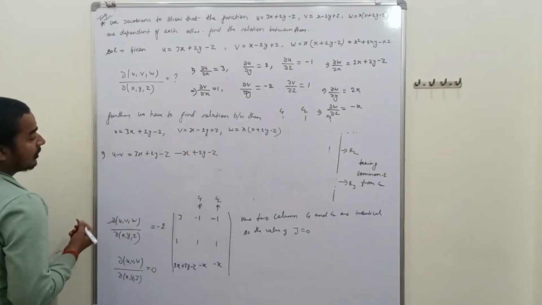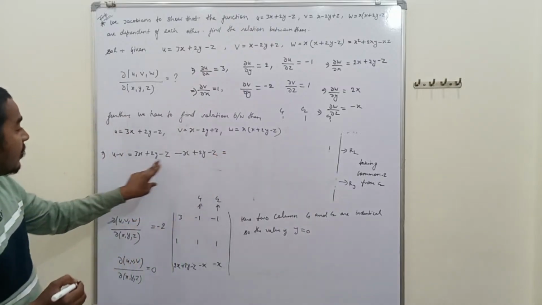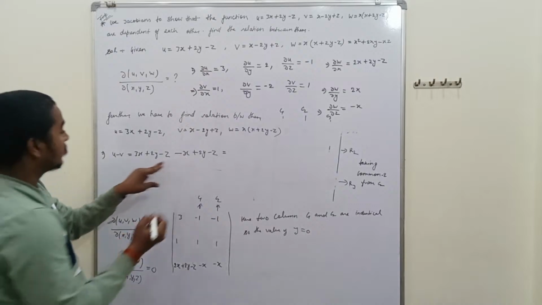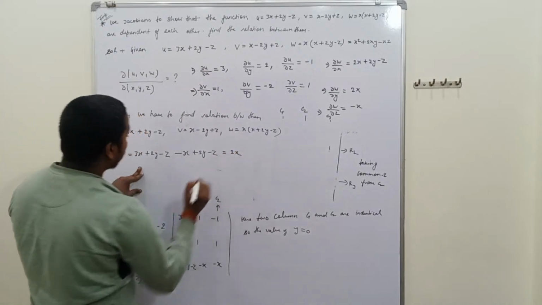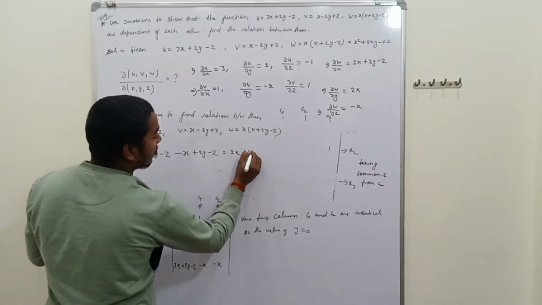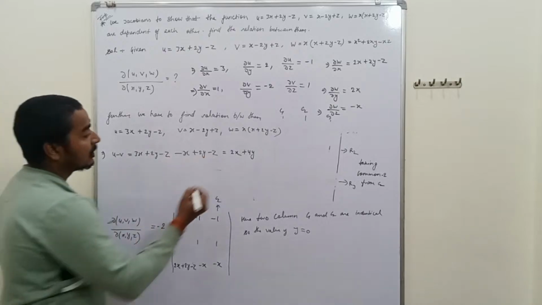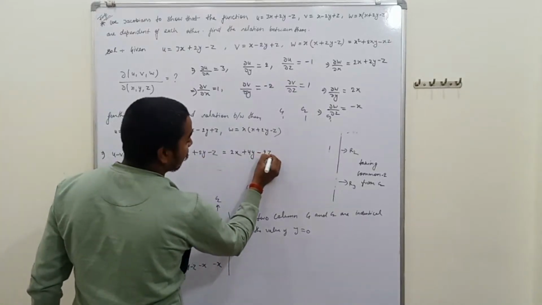From here we can write 3x minus x, that is 2x, and 2y plus 2y, that is 4y, and minus z, that is minus 2z.